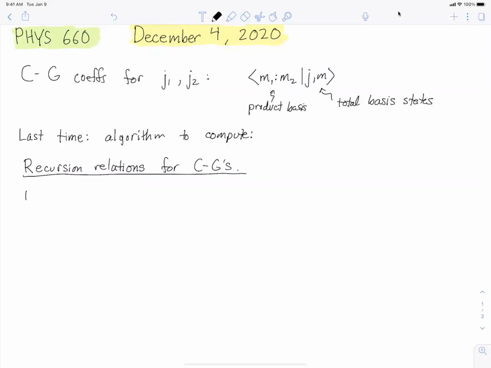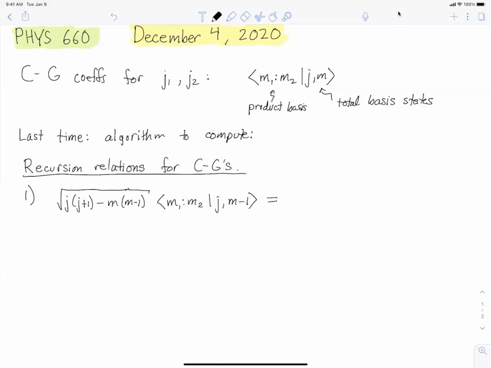The one we used, you can write in the following way. I take the square root of j times j plus 1 minus m times m minus 1, multiplied by a Clebsch-Gordan coefficient where the m value is down by 1 from whatever we started with.